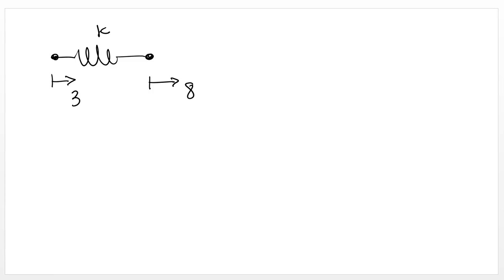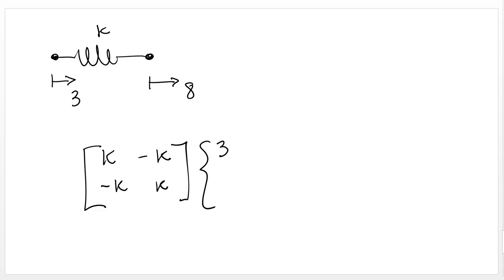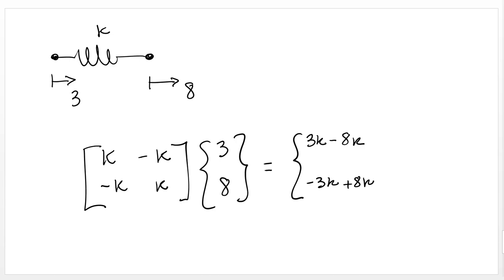What is the force? Well, we already know our stiffness matrix that looks like this, and we multiply that by these displacements, 3 and 8. And what we get is 3K minus 8K, and then minus 3K plus 8K.